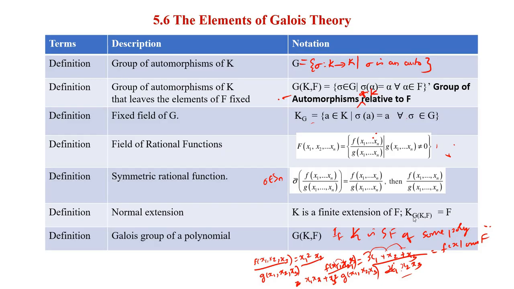That is your G(K,F), which is known already. But when K happens to be the splitting field of some polynomial, the name given to this G(K,F) is the Galois group of that particular polynomial. These are the definitions we come across, and to prove one major theorem these notations are very much required. We'll discuss them again later in one of the videos.